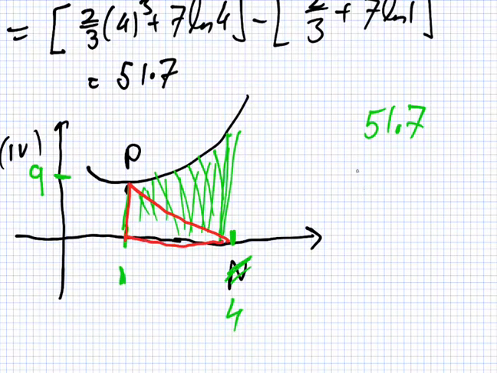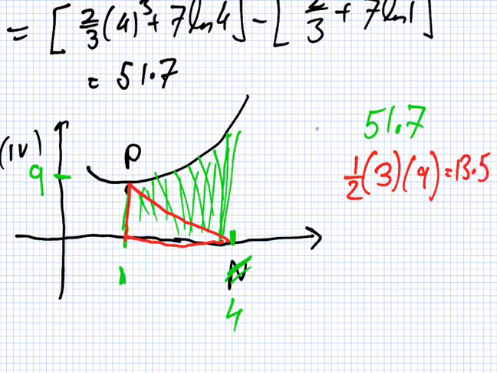Now you can get this area easily. The area is half the base. How big is the base here? 3. It's 1 to 4. And what's the height? 9. Okay, so if I just type that in, you get 13.5 is the red area.